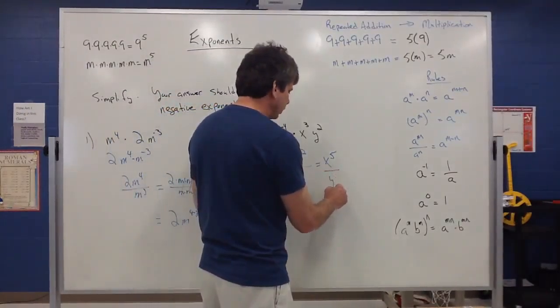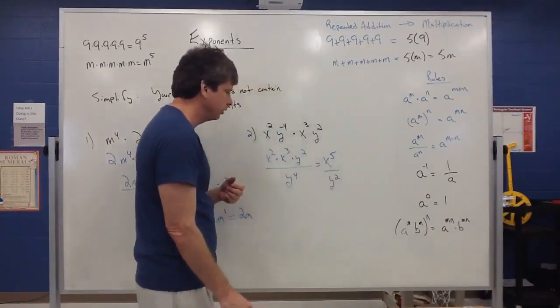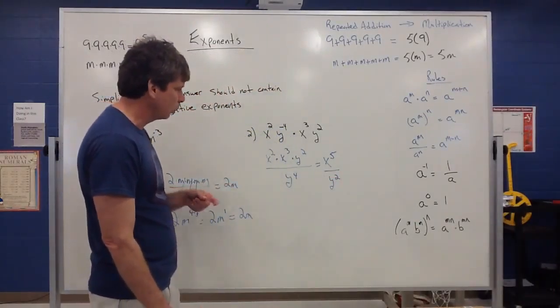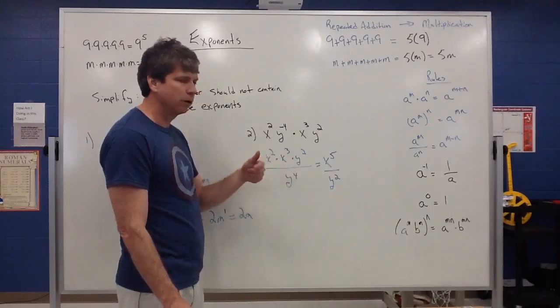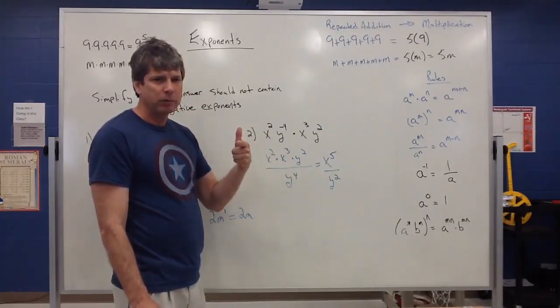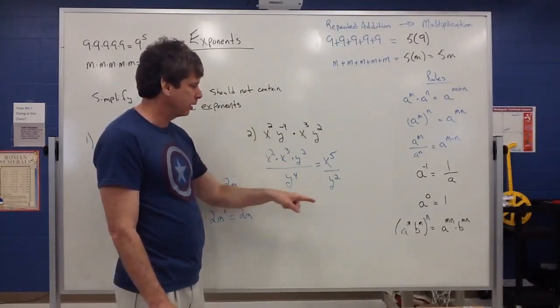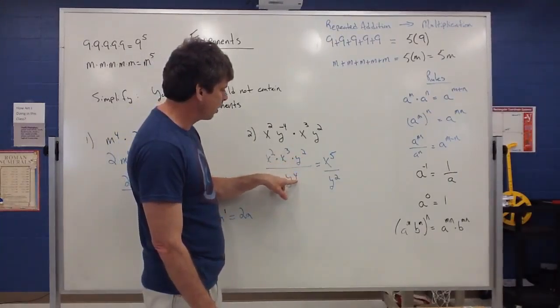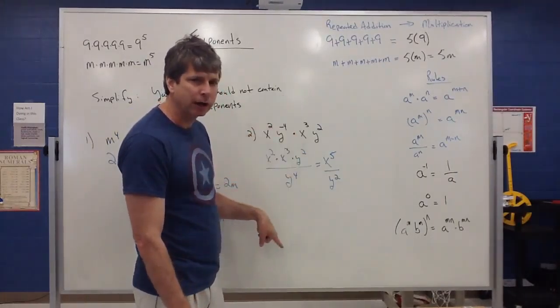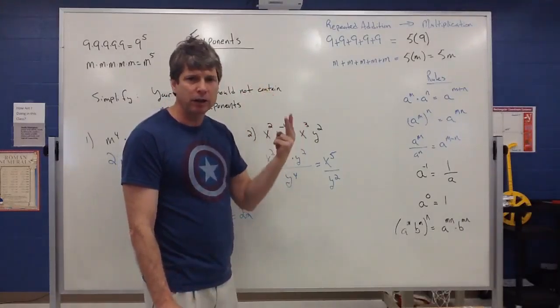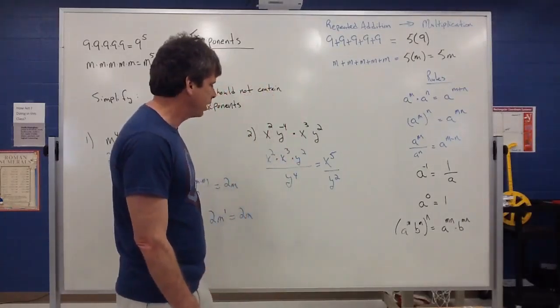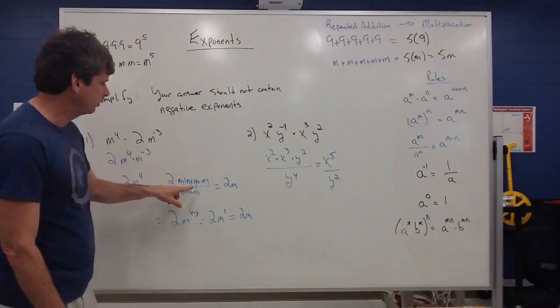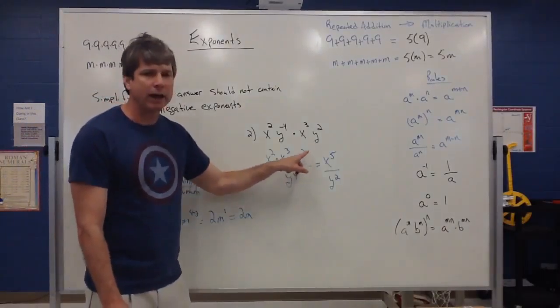So I should have a y squared left in the denominator. Or again, you could go 2 minus 4 and get a -2, but that tells you to bring it down to the bottom as a y squared. A lot of times what I will see though, there's 2 y's here, there's 4 y's here, so I'm mentally marking out 2 of them, and I'm mentally seeing there's 2 y's left in the denominator. So I'm kind of seeing this without actually writing it down on paper.